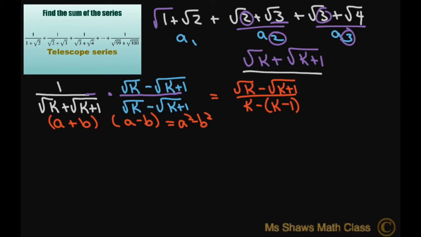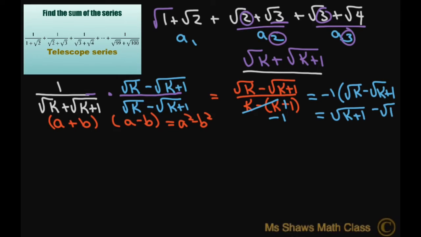So basically the k's cancel out here, and this is plus 1, sorry. So you're going to get a negative 1 here. So basically we have negative 1 times square root of k minus square root of k plus 1, which equals, we can rearrange this as square root of k plus 1 minus square root of k.